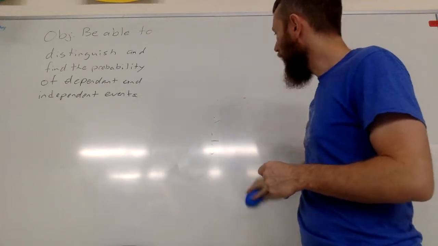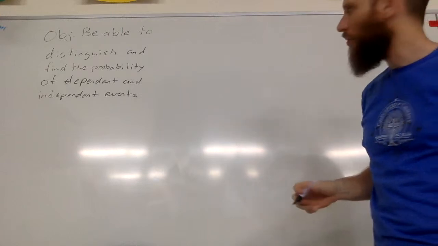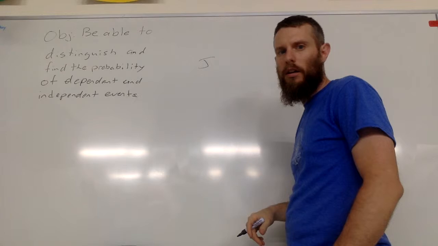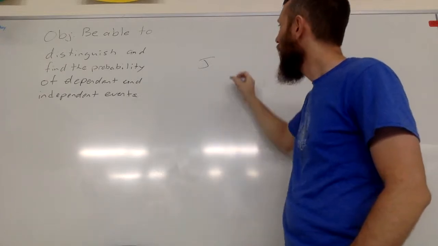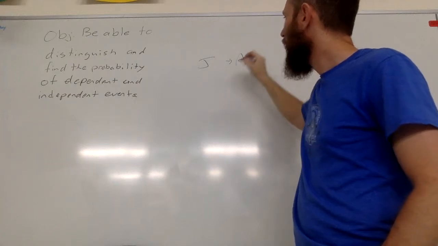Let's say I have a deck of cards, and I want to know what is the probability of pulling out, let's say, a jack on the first time, and then I put it back in, and then I pull out, let's say, an ace.